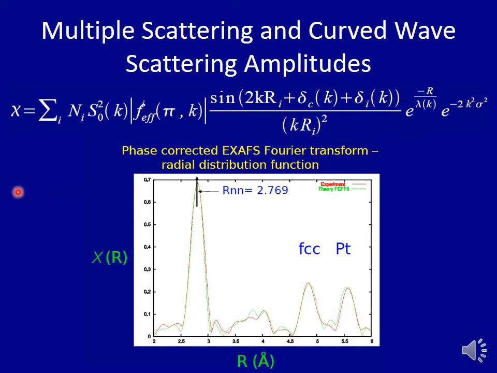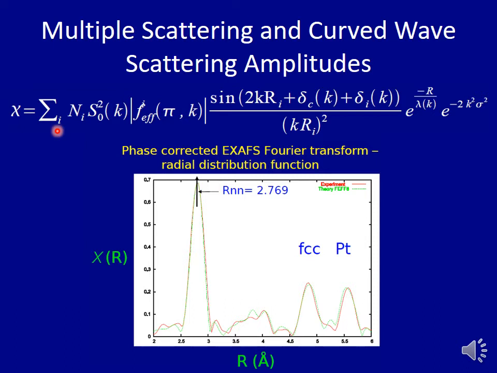Finally, you can also have multiple scattering and curved wave scattering effects. So first of all, when your photoelectron comes out of the atom, you can actually get it scattering off of a neighboring atom, then a second neighboring atom, and then back to the origin.